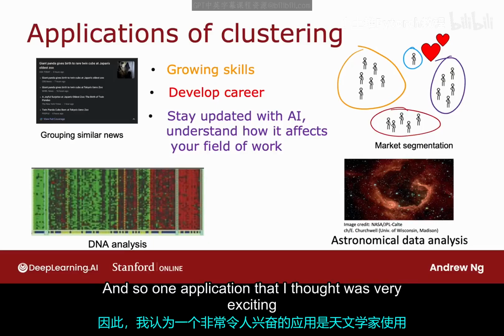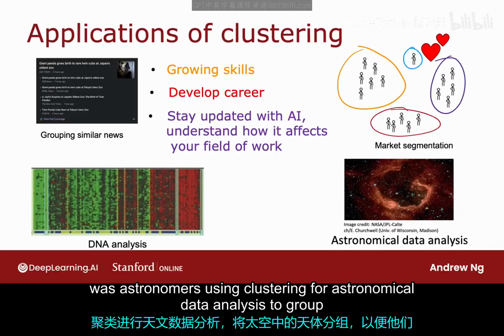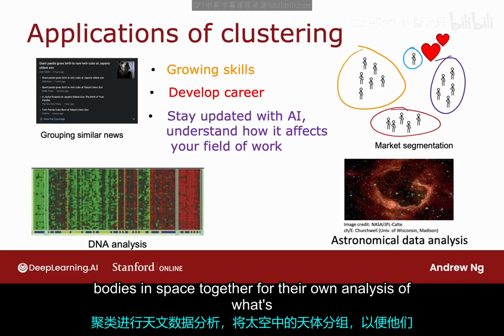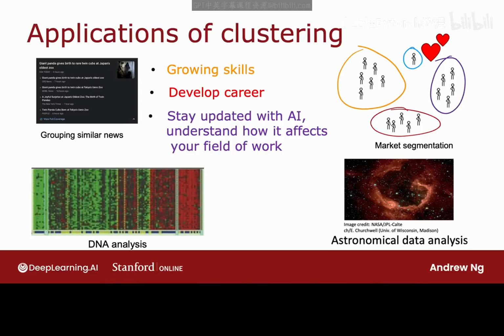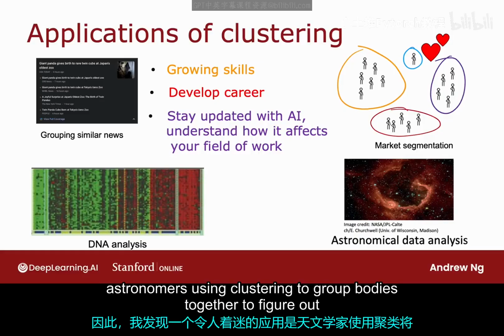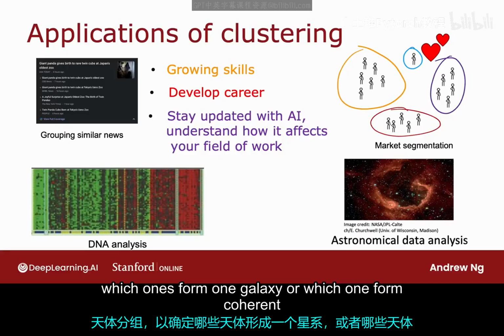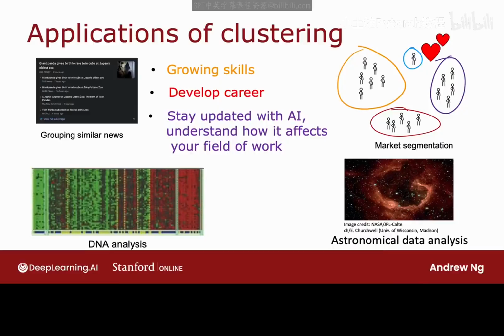And so one application that I thought was very exciting was astronomers using clustering for astronomical data analysis to group bodies in space together for their own analysis of what's going on in space. One of the applications I found fascinating was astronomers using clustering to group bodies together to figure out which ones form one galaxy or which ones form coherent structures in space.